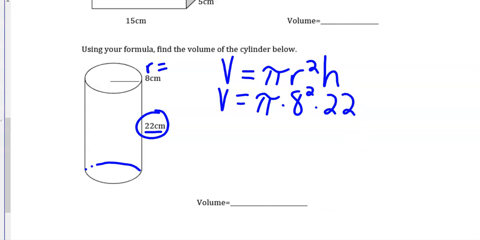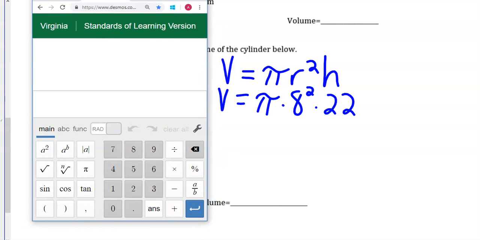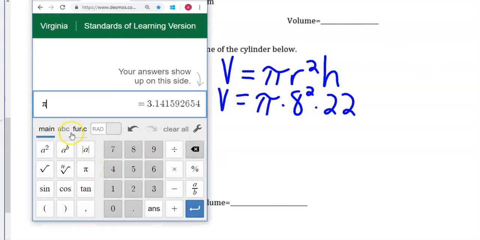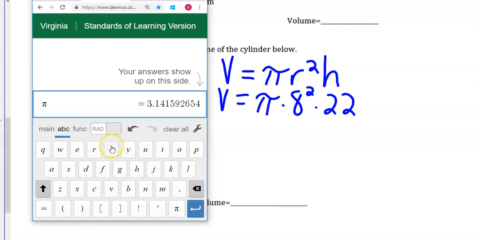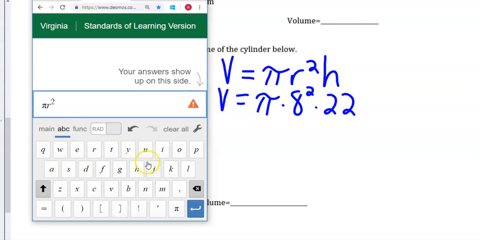Now we can multiply all of those numbers together in our calculator. What we can also use is Desmos. So let's take a look at how we can do this with Desmos. So if I pull up my Desmos calculator, I can put in this formula, and I can use my pi key, pi r squared h. So as you can see, I've just put the formula in.